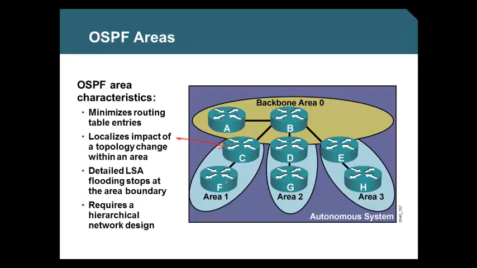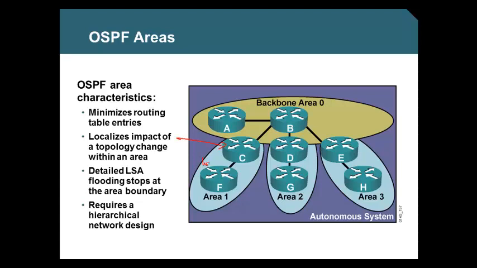Will it be known to area 2 and 3 now? No. It won't be. Why? Because we have done summarization. Only when all the subnets go down, the update will go to other areas. So because you do summarization, there is no chance for other areas to know when a subnet goes down in area 1.